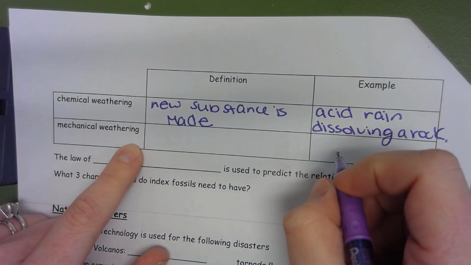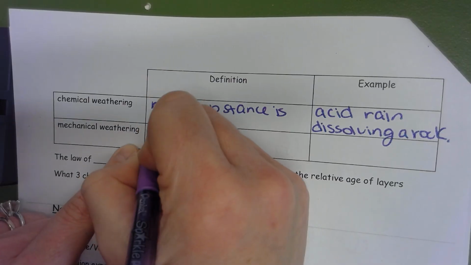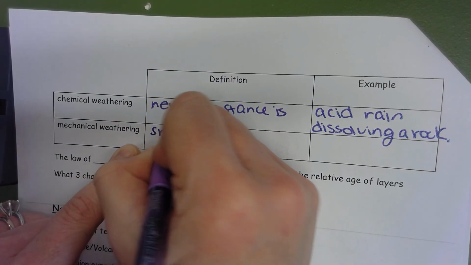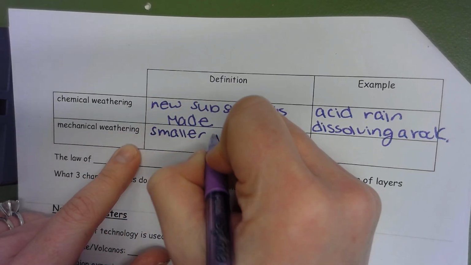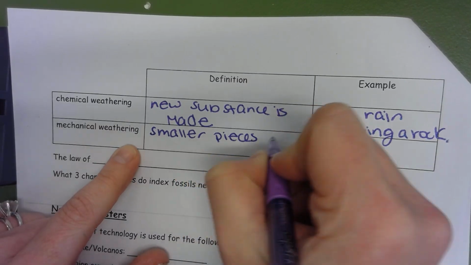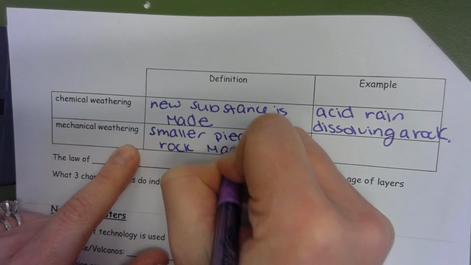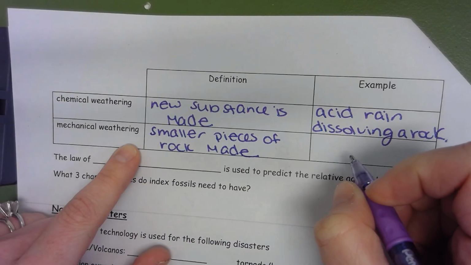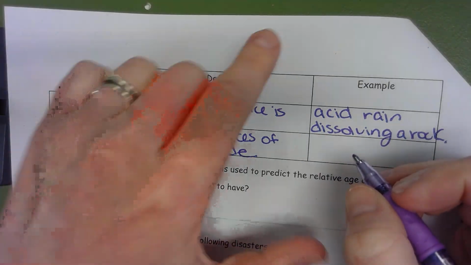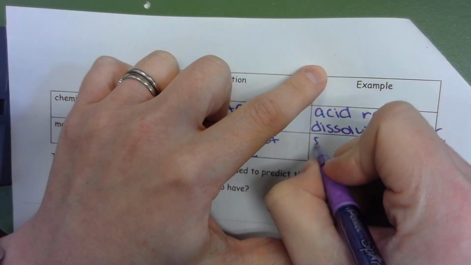For mechanical weathering, smaller pieces of rock are made, right? An example of that would be like smashing rocks to make gravel.